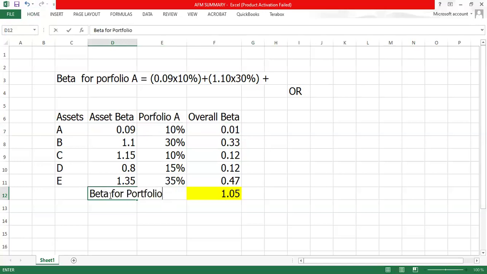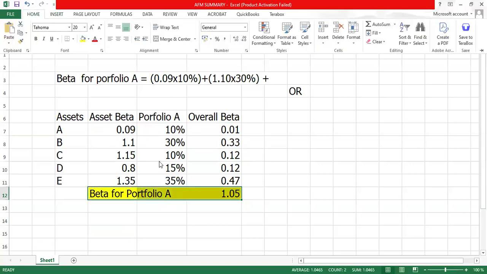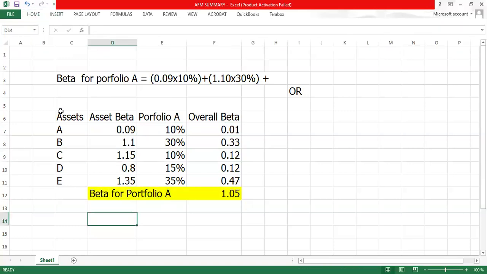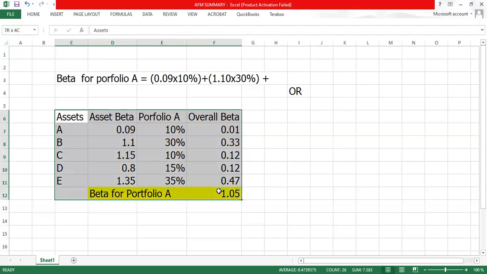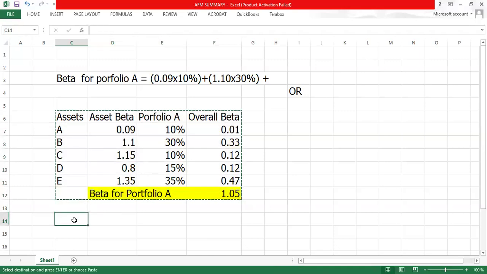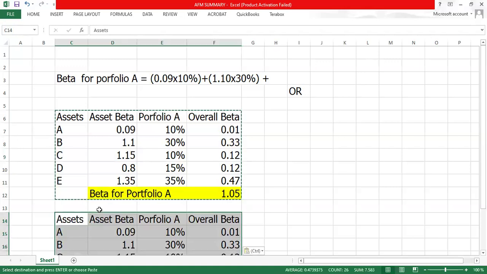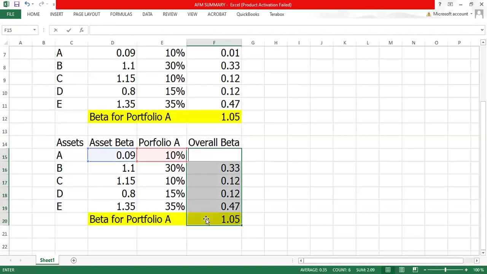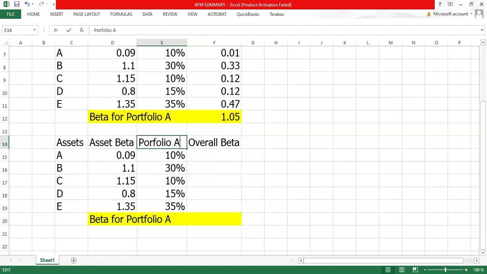This is the beta for portfolio A. And you're done with the first. Then you do the same for the other asset.